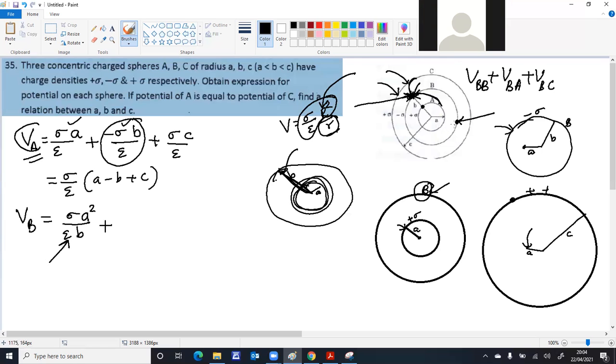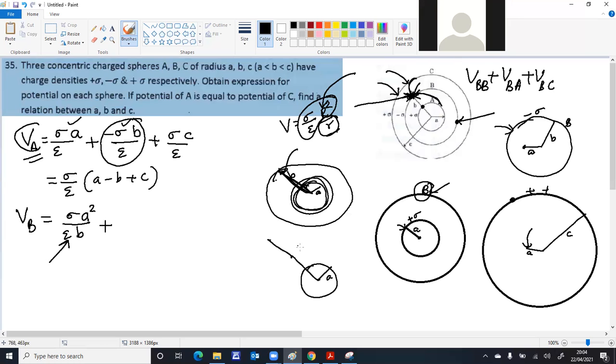How is it affected by A? Because A will have potential outside. If this is sphere A, does it have potential here? Yes.